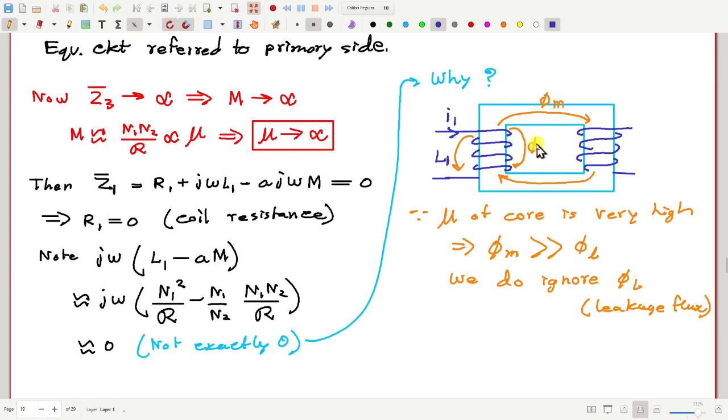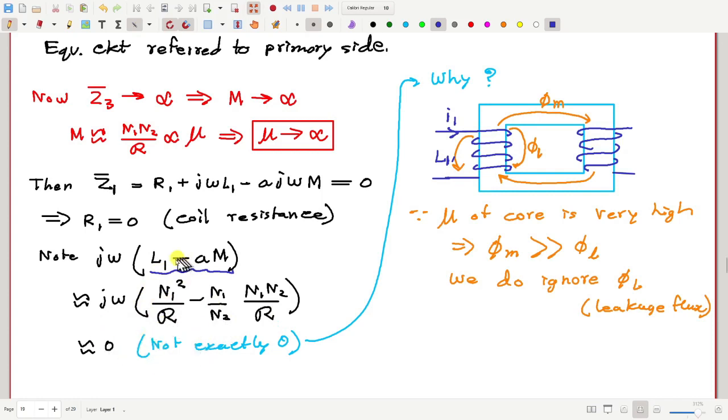Therefore L1 will be actually larger than what we estimated previously, and therefore in this equation L1 will be larger, and this quantity won't be exactly 0, this will be some non-zero quantity.